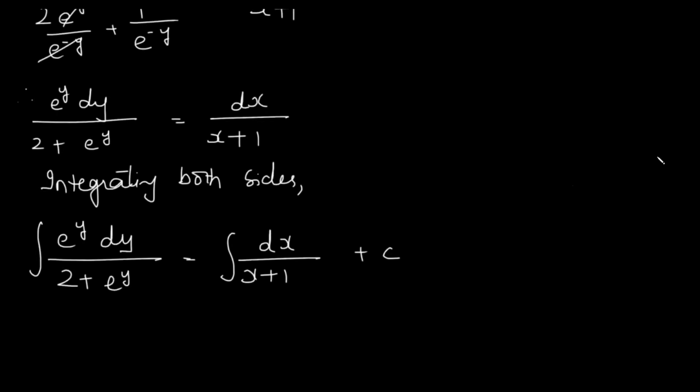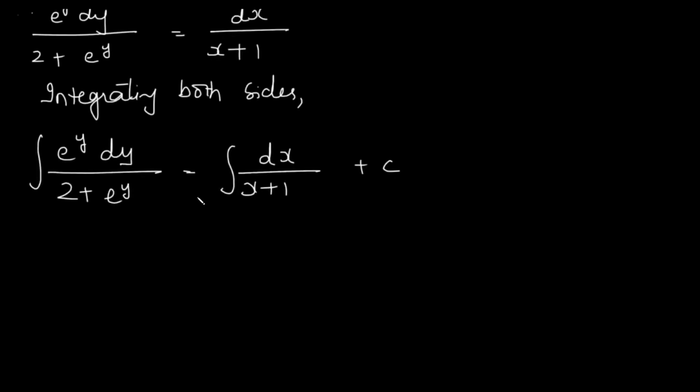Now this turns out to be somewhat like the previous sum where we can solve the integration of the LHS and the RHS separately by the substitution method. So in this case on the LHS, we write let the denominator, that is 2 plus e raised to y, be equal to t, and therefore when we differentiate both the sides we get e raised to y dy is equal to dt. So this is just a simple case of substitution.